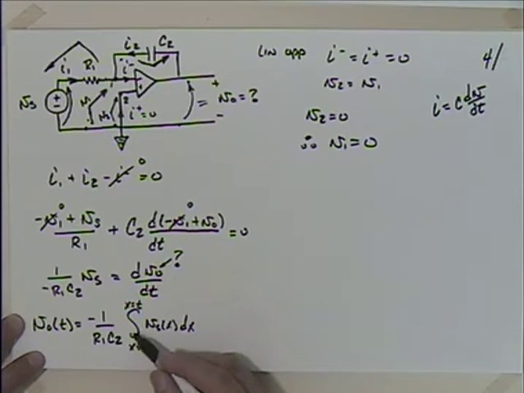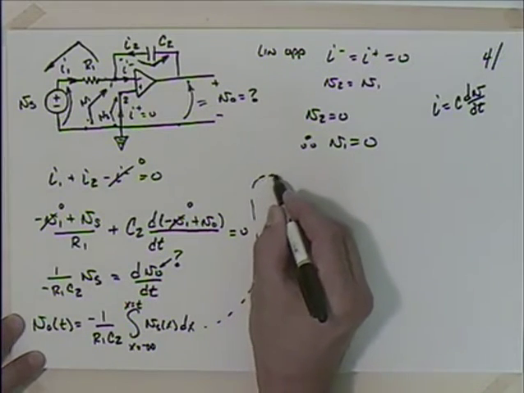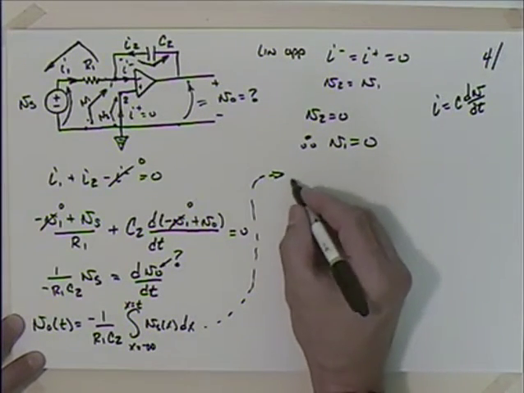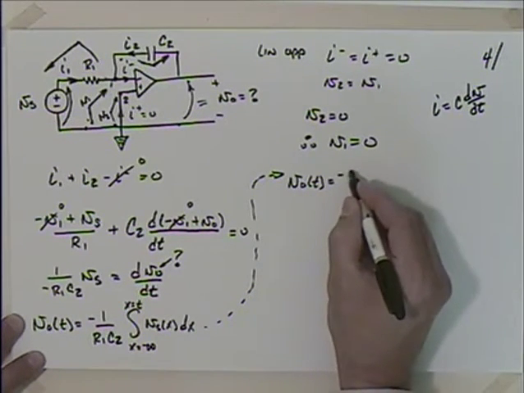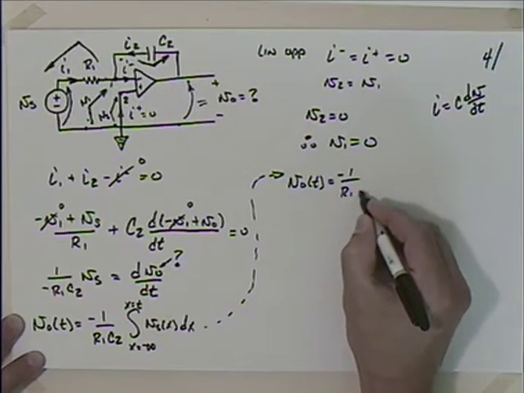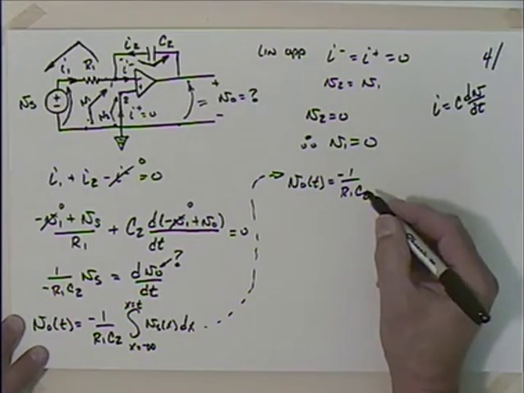I could break up this integral if I wanted to. So come over here. V0 of t would be equal to minus 1 over R1 times C2 times the integral.